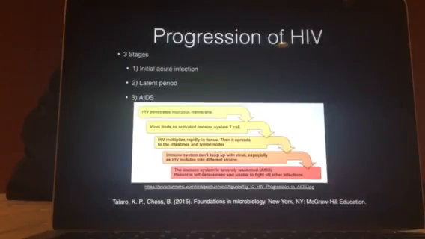The T cells that HIV is targeting are the CD4 helper T cells. Here, HIV multiplies very quickly within the tissue and then spreads to the intestines and lymph nodes. Unfortunately, the immune system cannot keep up with the virus, and this leads to a severely compromised immune system, as we will see in patients with AIDS.